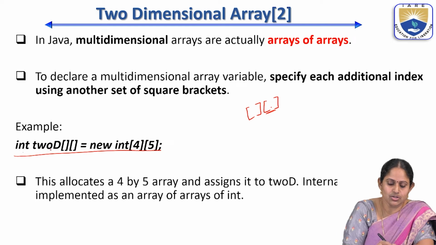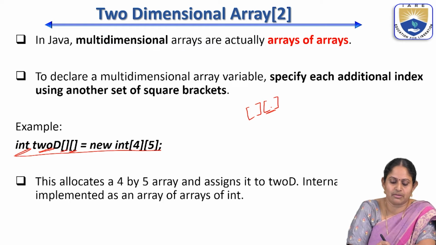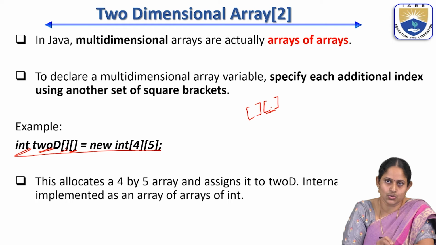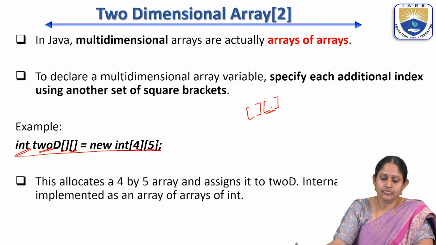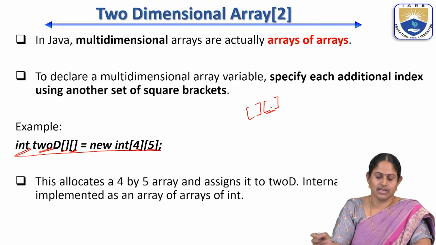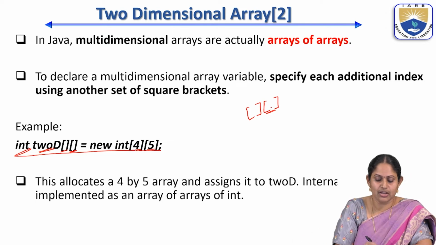So int 2D: this is the name of the array, and int is the type of the array. Since there are two sets of square brackets, it indicates that it is a two-dimensional array, and int [4][5] indicates a two-dimensional array of four rows and five columns.